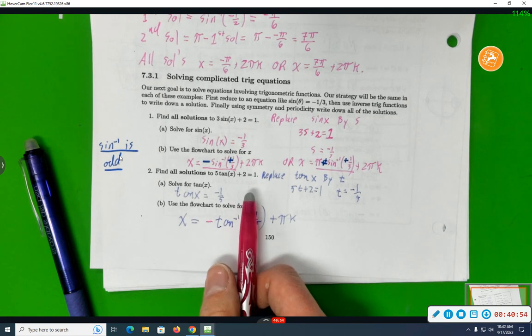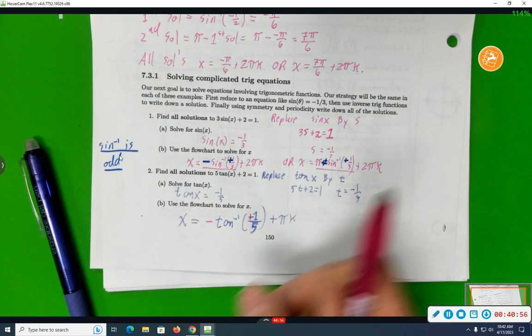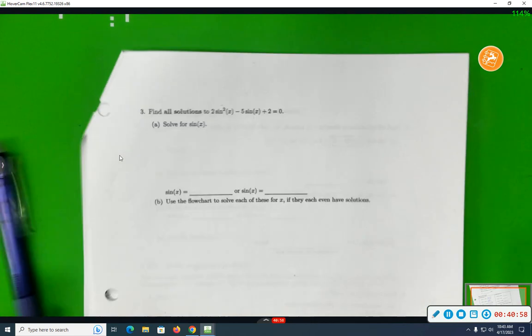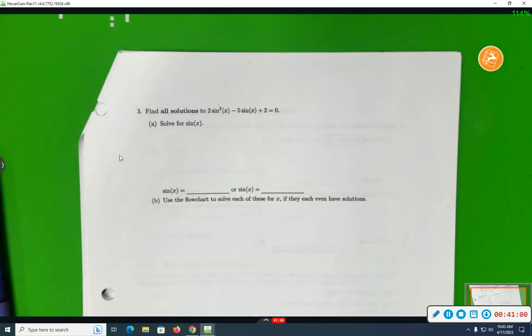And in fact, let's just increase the complexity by 1. 2 sine squared of x minus 5 sine x plus 2 equals 0. Does that look like an equation that you can solve? Does it look like the same sort of plan of attack could work? I'm not asking you what the solutions are. I'm just asking if you feel confident you could. Let's make the following first step. The thing that makes it complicated is that it's like a quadratic, and instead of x's, there are sines.